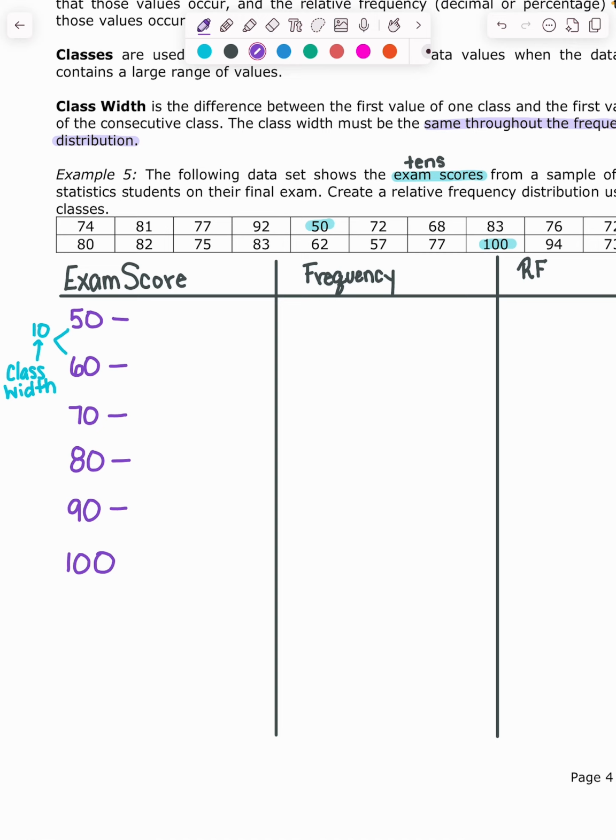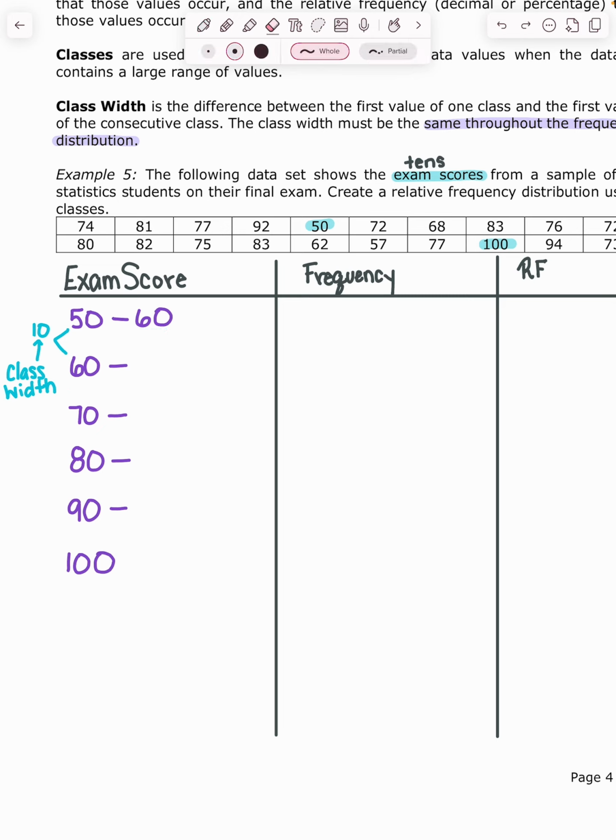So this first group would be 50 through, I can't put 60 here. If I put 60 here, then if I have a score of exactly 60, I'm going to be asking the question, does 60 go here or does it go here? Because I see it twice.